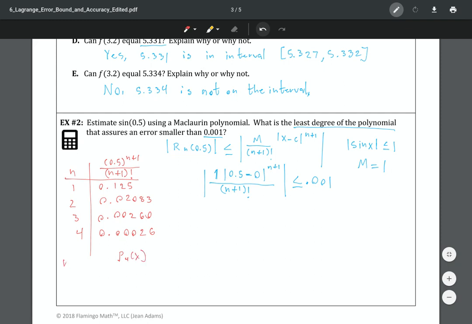It does tell me to estimate. The notes didn't do that, so I'm not either. But basically, let me make sure here. Let's see, n is equal to 4. The least degree.